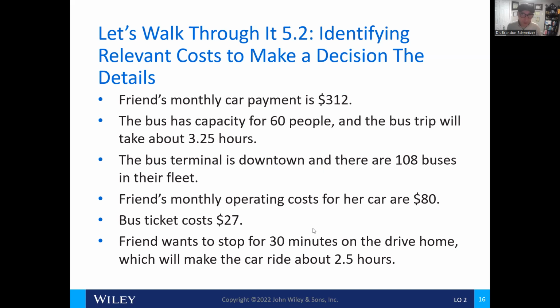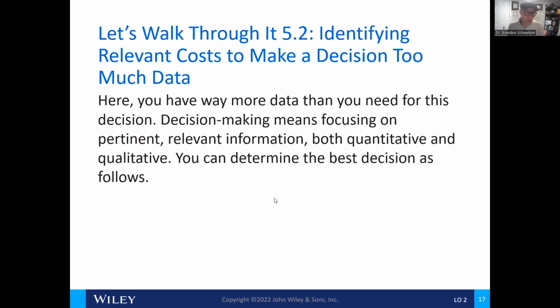So now that we have an understanding of the relevant qualitative and quantitative components to making our decision, we can now take the relevant costs into consideration. Of course, we have too much data in making this decision, but it's important that we look at all the qualitative and quantitative information before making that decision to determine the best option.